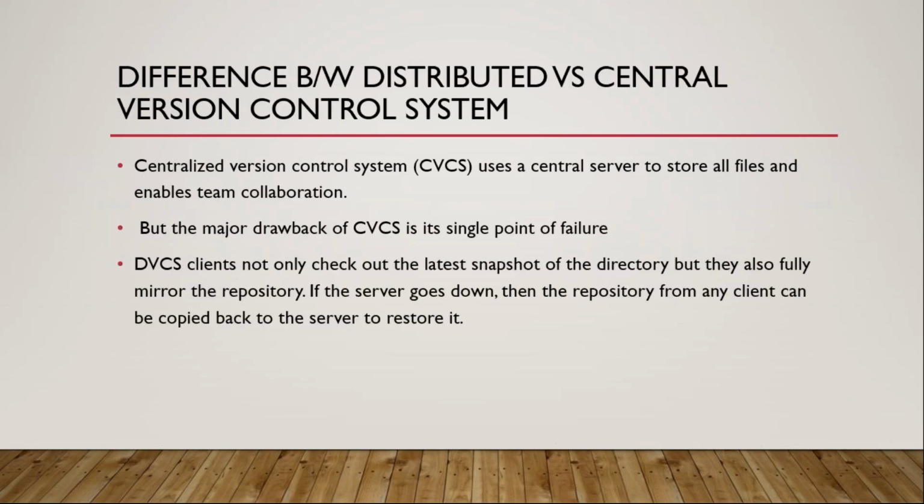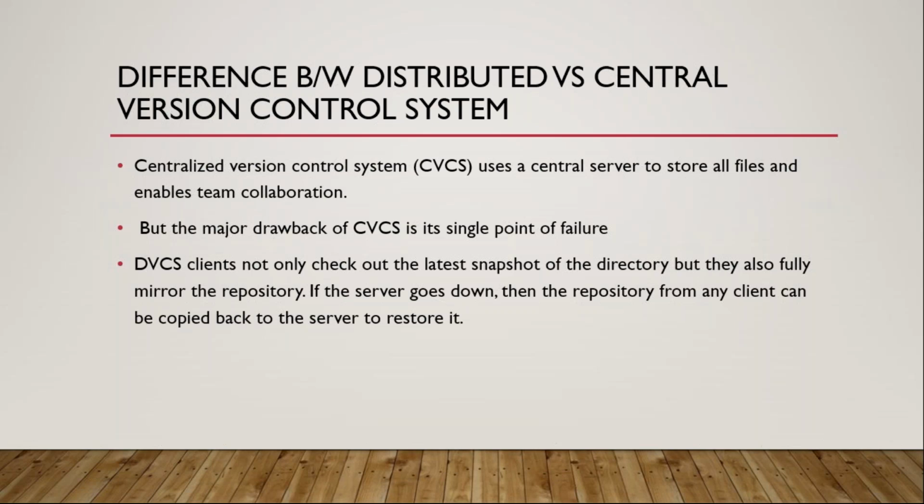The difference between the distributed and central version control system. You might have used different version control systems like ClearCase, CVS, and SVN. Those are all central version control systems where all data is stored in a central server.